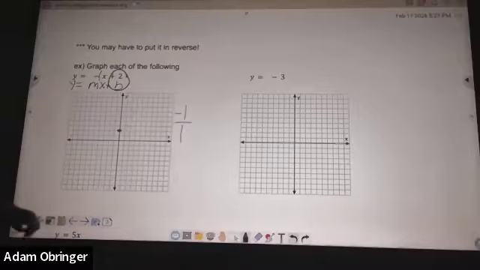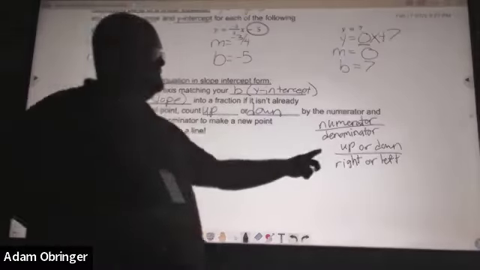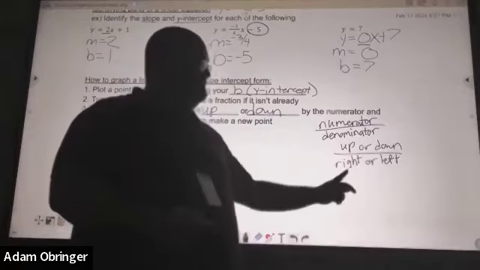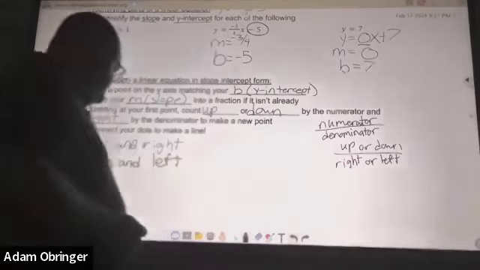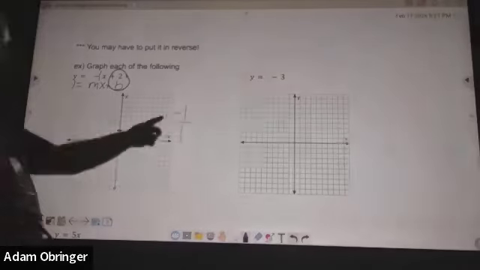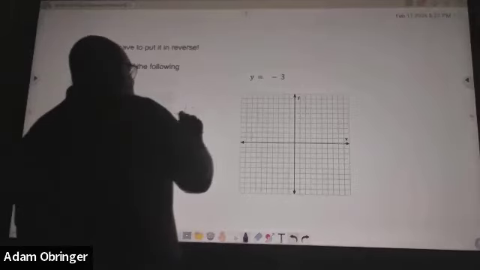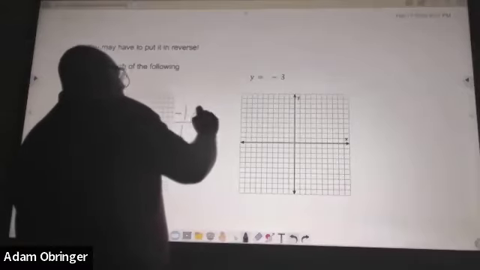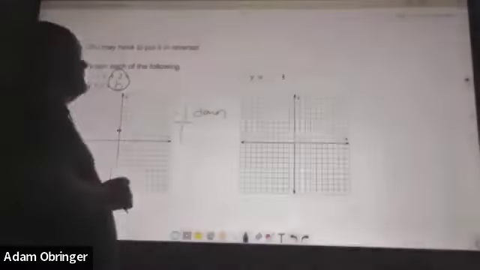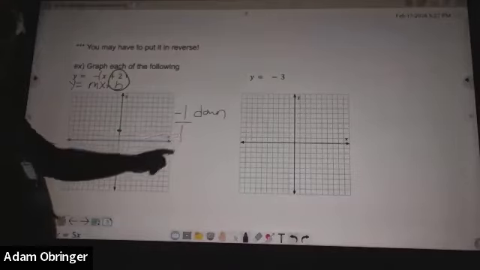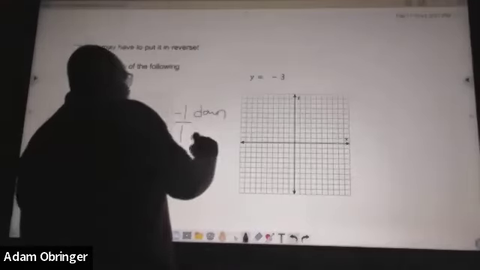The top number is either going to be an up or a down, and the bottom number is going to be a right or a left. So let's see what makes sense. A -1 would be a down. If we have a -1, we are moving down. And a 1 on the bottom is positive. That is right.